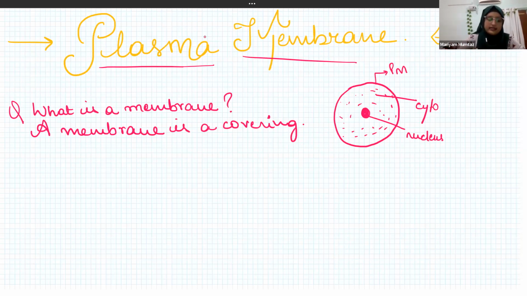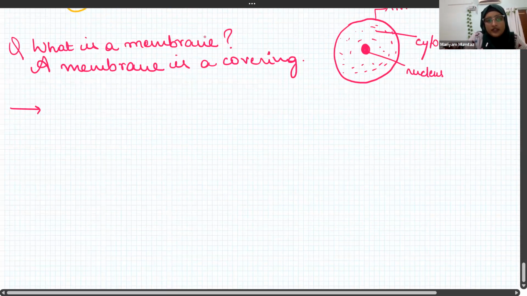Plasma membrane. Very good. So now you write it down. We are defining a plasma membrane. I'm writing in short, but you write in full.